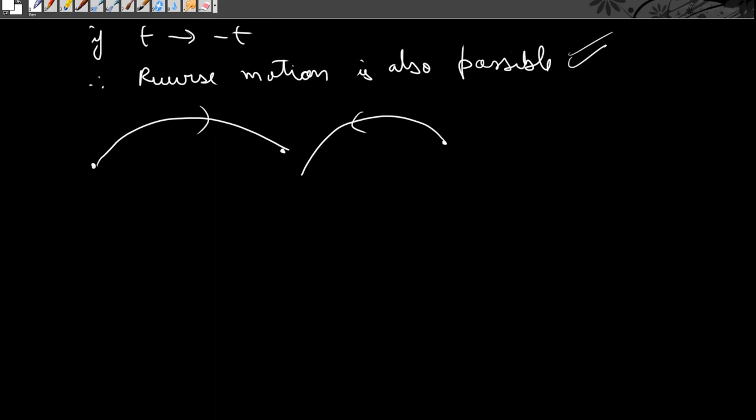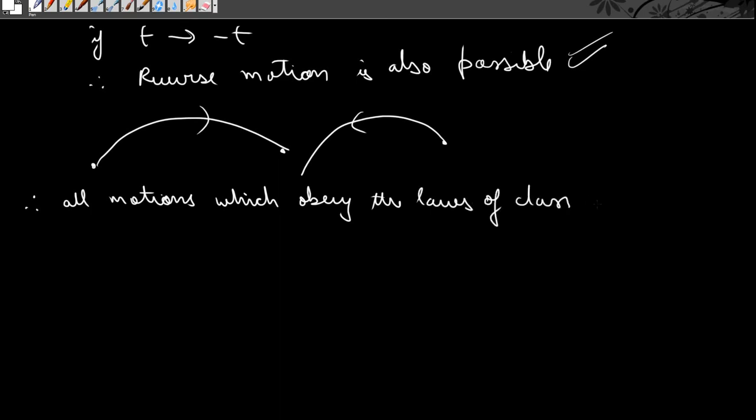So therefore all motions which obey the laws of classical mechanics are reversible with respect to time. By classical mechanics, what we mean is that we are not going to consider special or general theory of relativity.